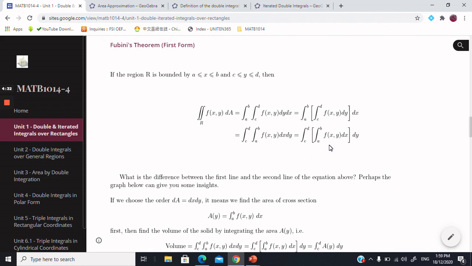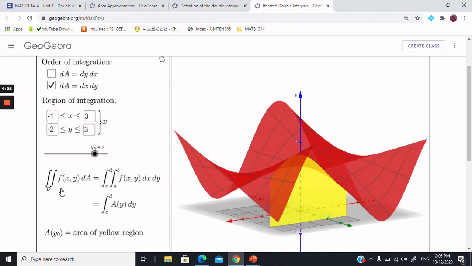Perhaps the following graph can give some insights. If we choose the order dA equals dx dy, it means we find the area of the cross section A(y).